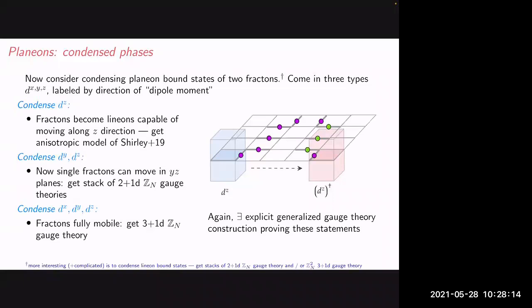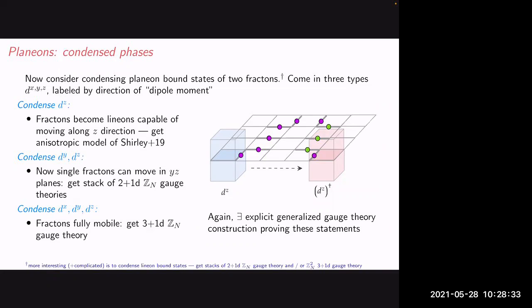Okay, now let's ask what happens when we condense an additional flavor of this dipole. If we condense, for example, dy, then the same kind of reasoning means that isolated fractons, by fusing with the condensate, are free to move in both the y direction and the z direction.